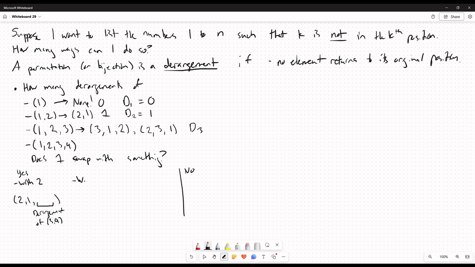Similarly, if it swaps with 3, then I'm going to have 3, blank, 1, blank. And then this can't be a 2, and this can't be a 4. So now these are essentially going to form a derangement of 2 and 4.